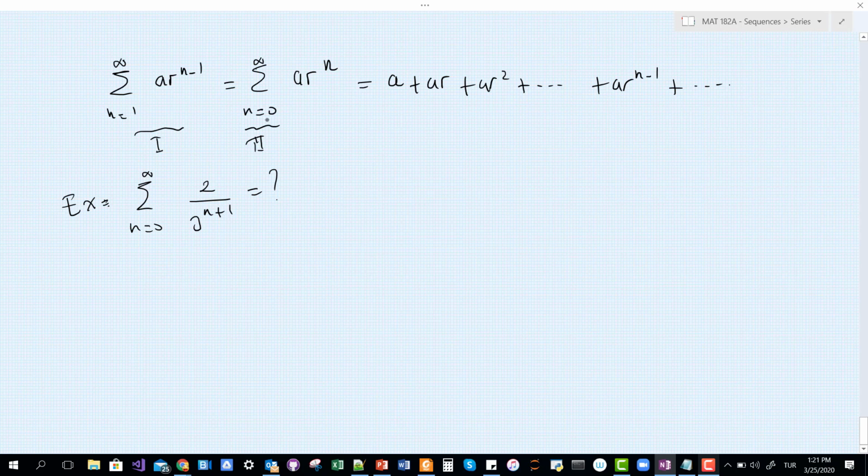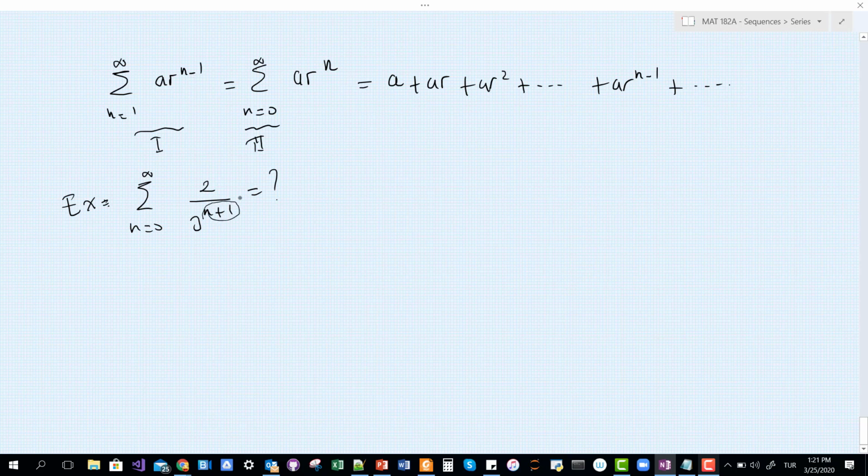If I start the index at 0, I need to use this form. But I told you, they are the same. That is why if I have an index starting at 0, my power should be n instead of n minus 1.